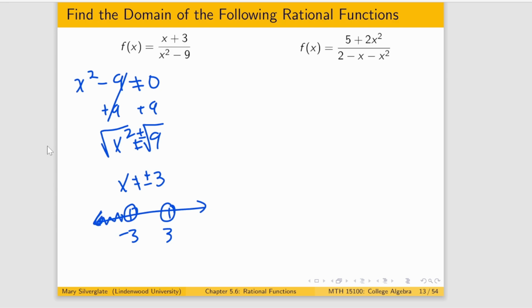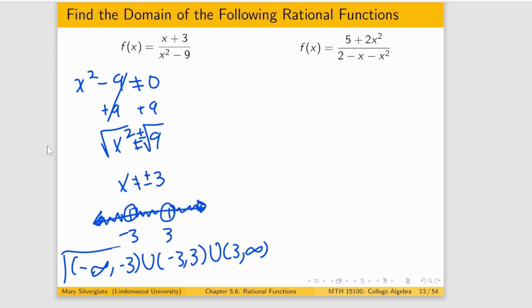That can be any number smaller than negative 3, any number between negative 3 and 3, and any number bigger than 3. Because the only two numbers I'm not allowed to equal are 3 and negative 3. So that would be negative infinity to negative 3, union negative 3 to 3, union 3 to infinity, when we're thinking about domain. And parentheses on all of those, since I am not allowed to equal those two numbers.